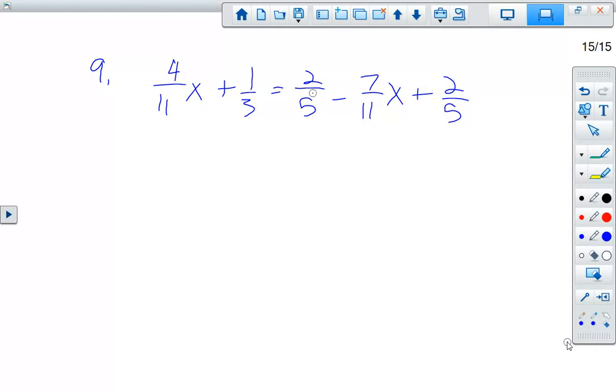Because this common denominator is kind of big, you may have decided to keep the fractions, and that would be okay. Yeah, that works.